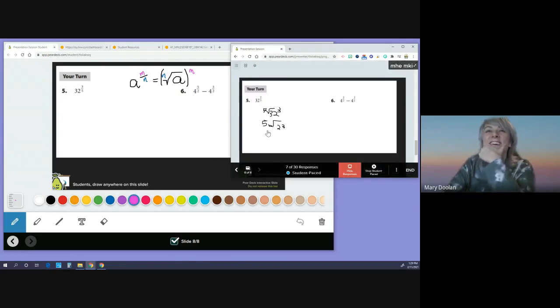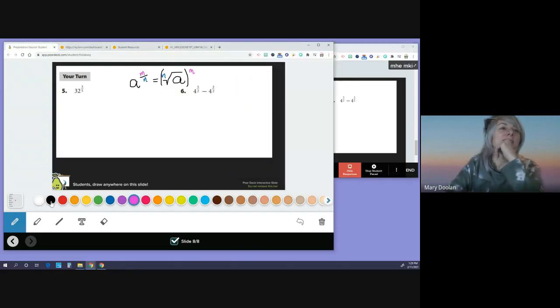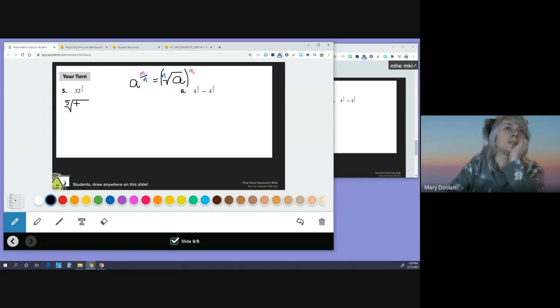Okay, so as you're doing this, this number here becomes your index, and you have the 5th root of 32, and then this whole thing is all to the 3rd power.